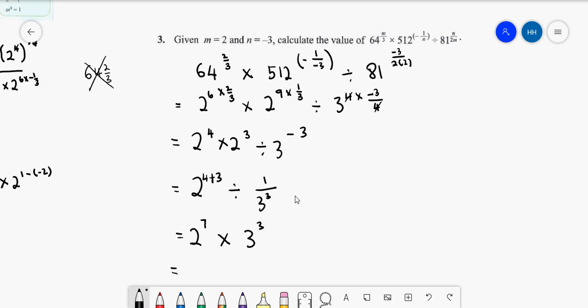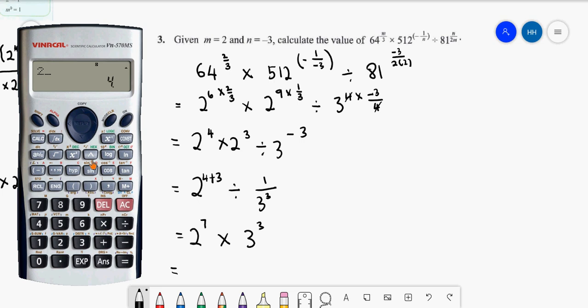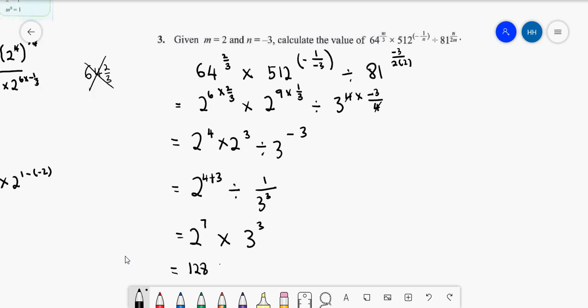2 to the power of 7, you can use a calculator. 2 to the power of 7 equals 128. So you write 128 times 3 to the power of 3. If you always do maths practice, you know what 3 to the power of 3 is.